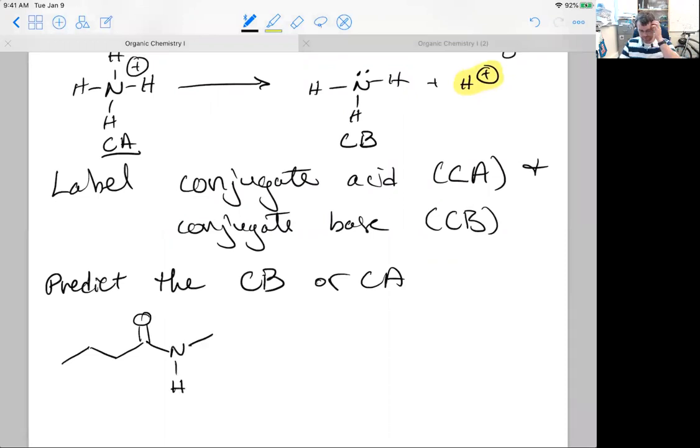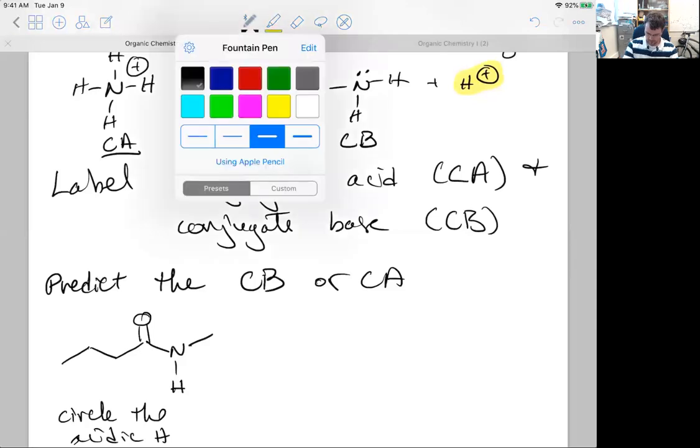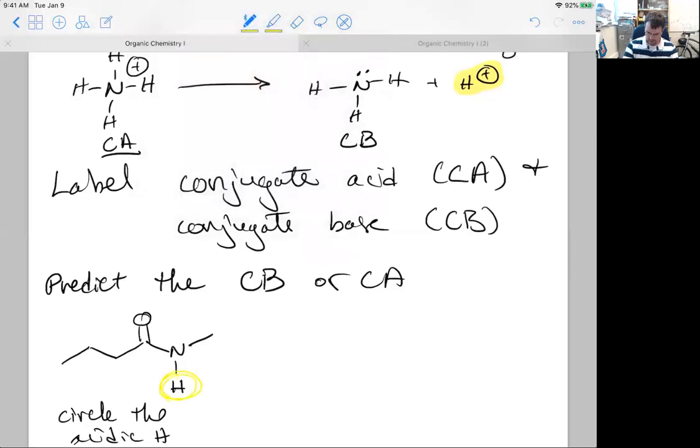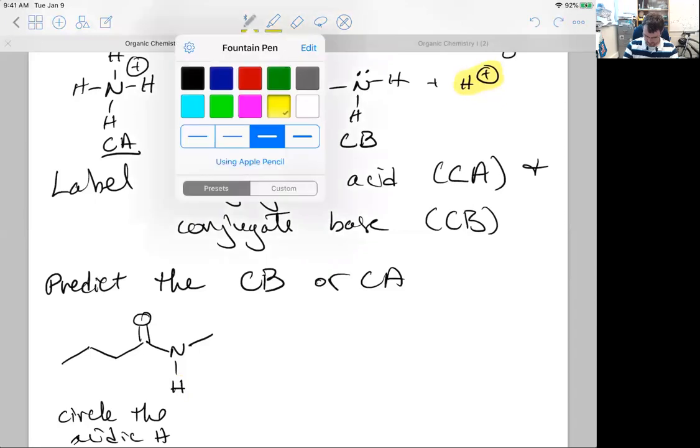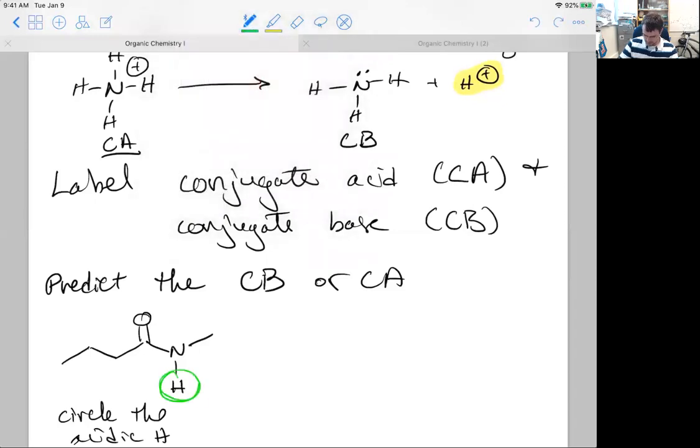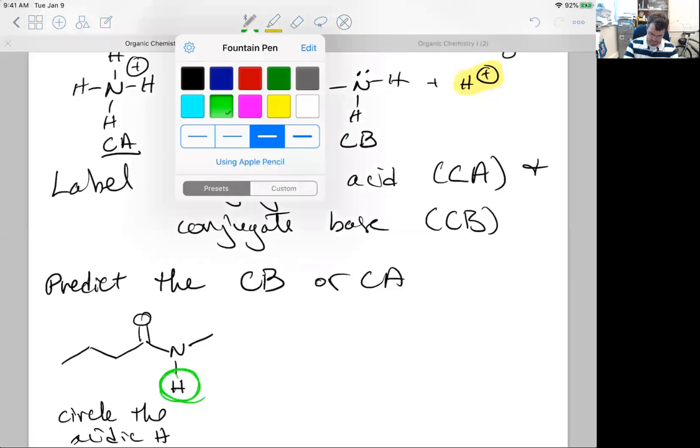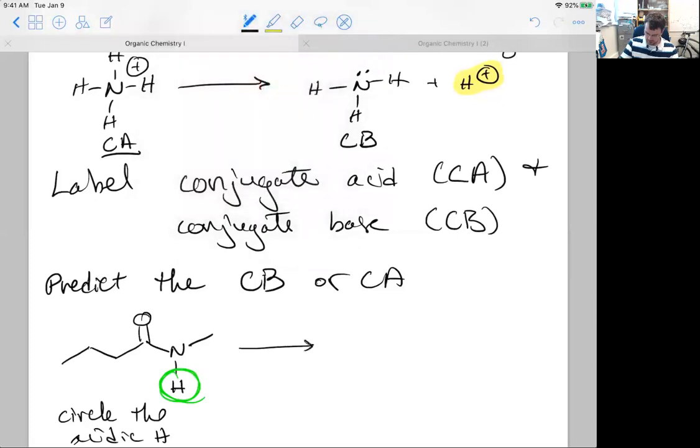Circle the acidic H atom. It's not very clear, so let's get a different color here. For this structure, I'm going to draw a reaction where I lose that acidic hydrogen.